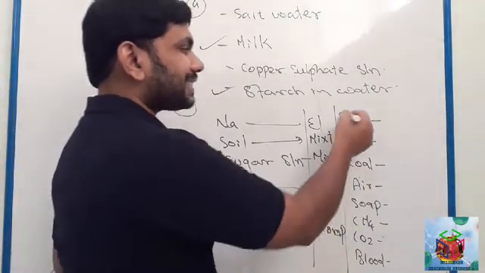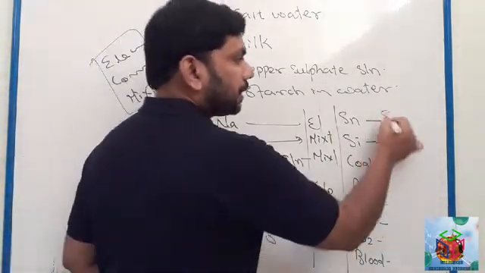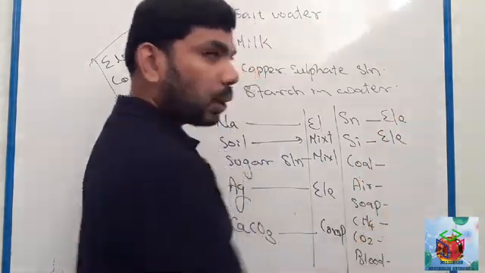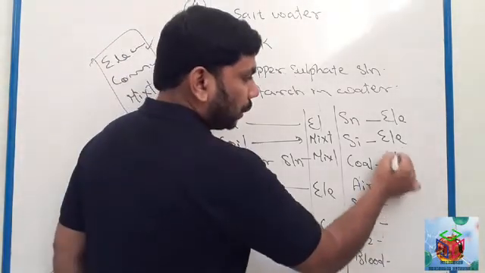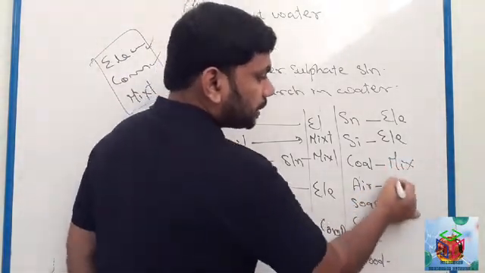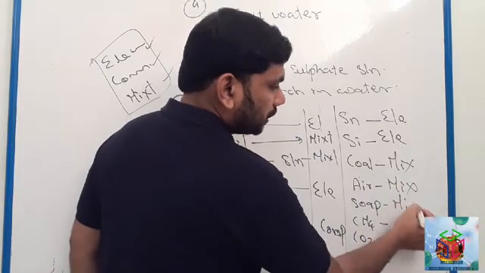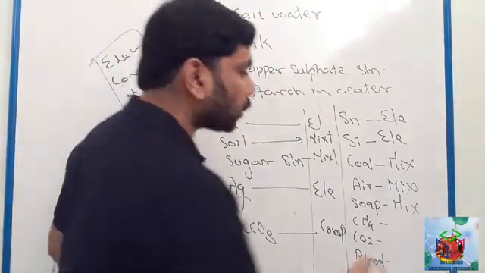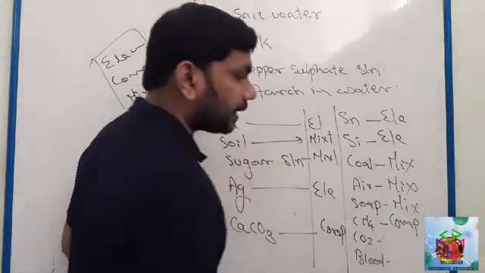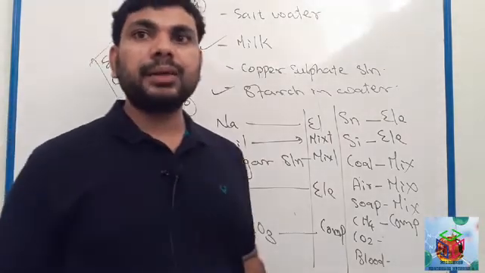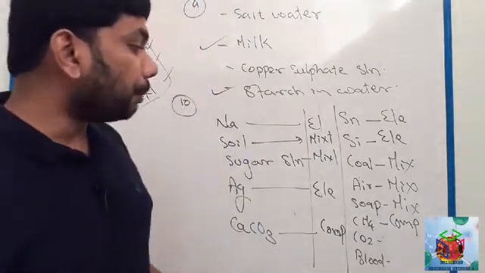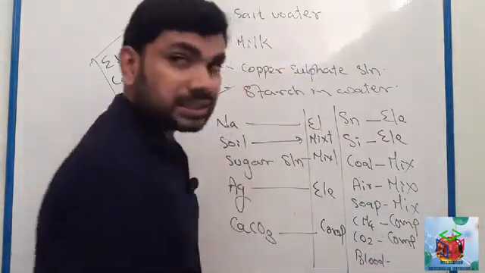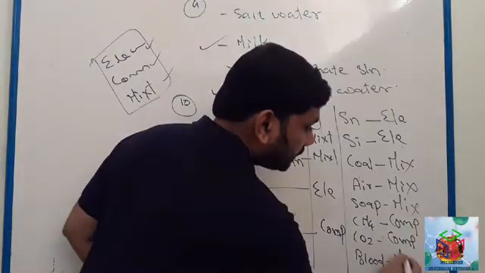Okay, here Sn means tin, tin it is element, silicon it is element, coal is mixture, air mixture, soap mixture, methane, CH4 means methane, it is one gas, it is natural gas, and it is compound. Carbon dioxide it is compound. Blood is mixture.